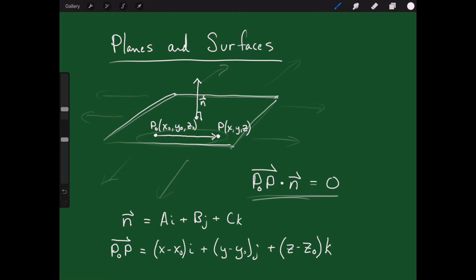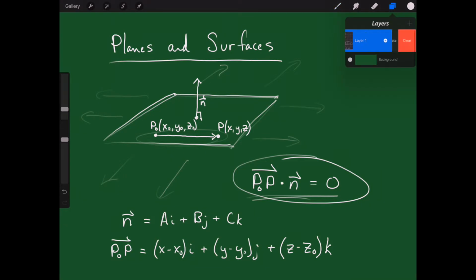Now, I set up here that if I dotted those two vectors together, then I should end up with 0. So let's dot those two vectors and see what we get. Okay, so to dot those two vectors together, I want to take the i component of each and multiply them together.